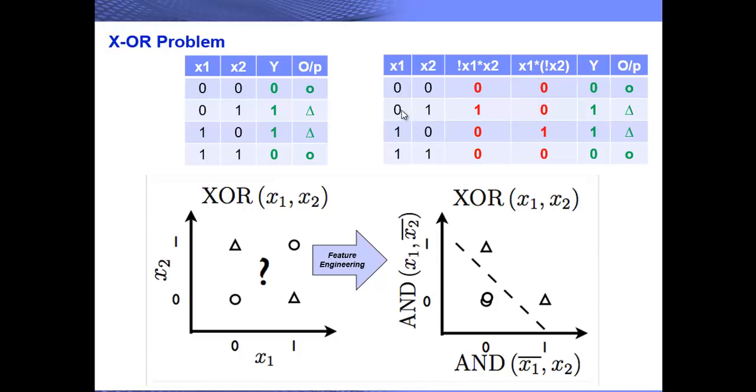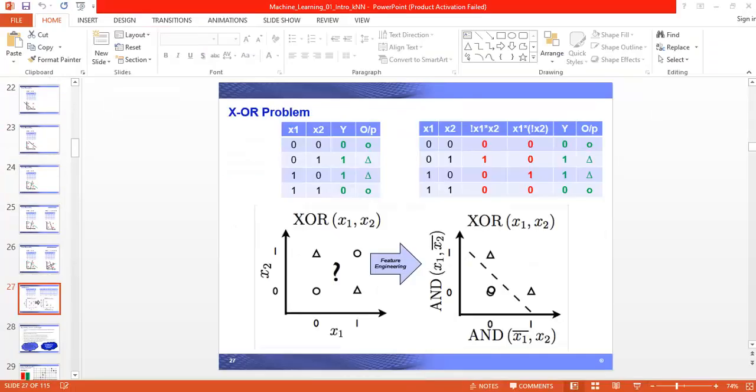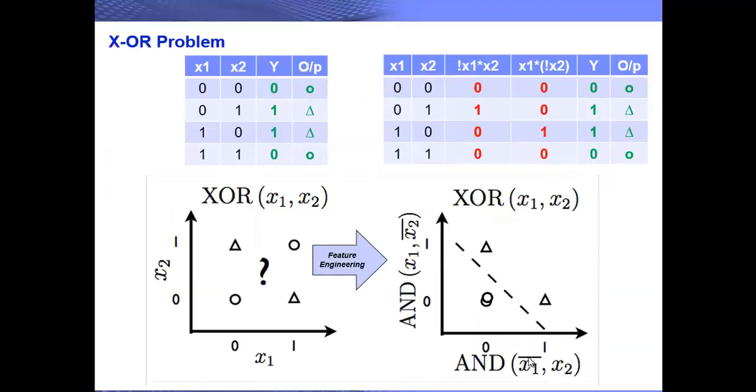Okay, now the next combination, 0 and 1: x1 bar means 1, and x2 is already 1, so 1 into 1 is going to be 1. Okay, so this first combination we have calculated.